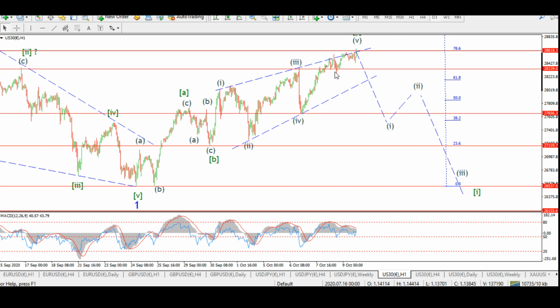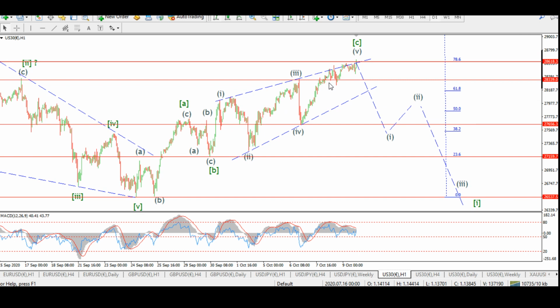So at this point in time, if I was to take this pattern here and parse out the bullish interpretation of it, the best bullish interpretation, if I'm going to steel man this, would be 5 waves up into this high here, and that would be a wave 1.